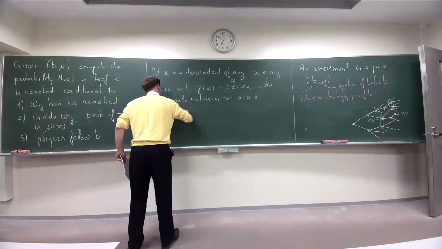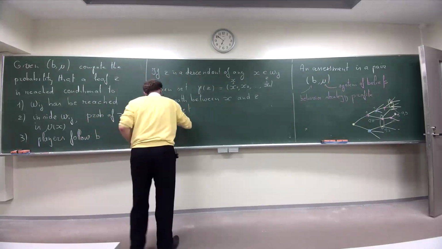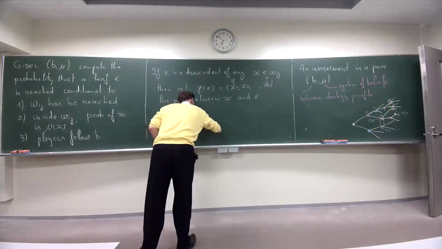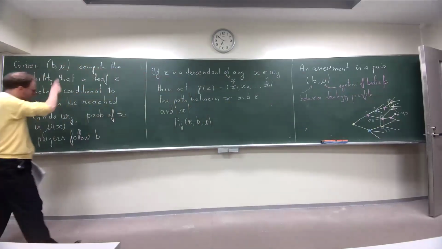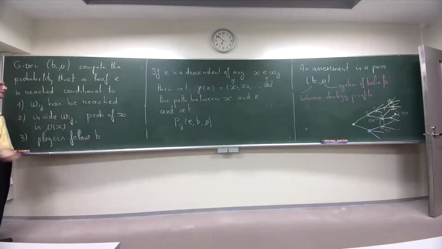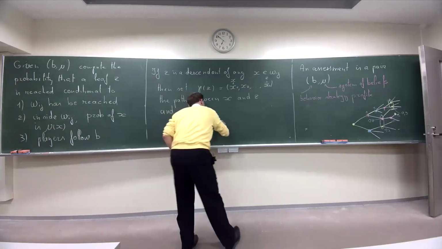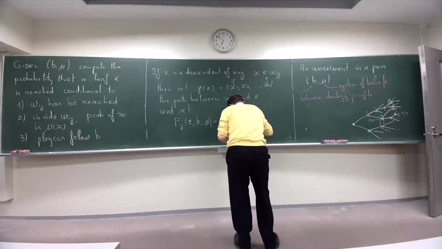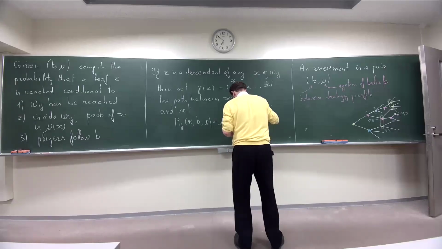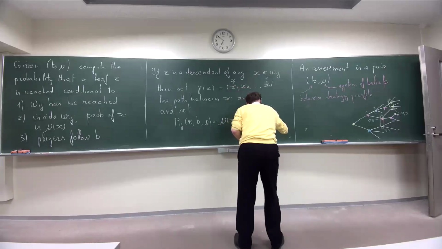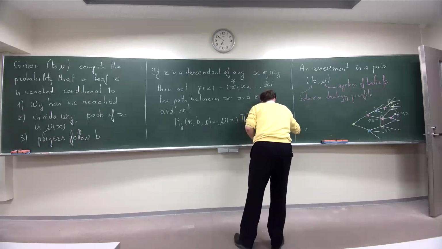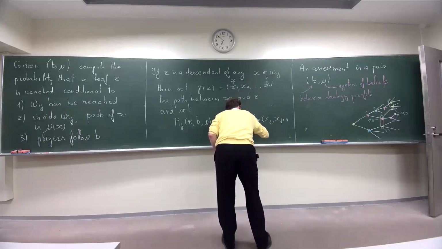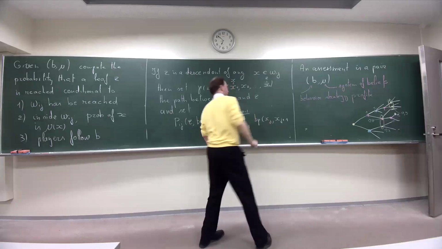And I set the probability Pij of z, b, mu. Again, this is a probability of reaching z with these three conditions. And let's look at the formula. The product of x j plus 1, from j equal to 1 up to m minus 1.